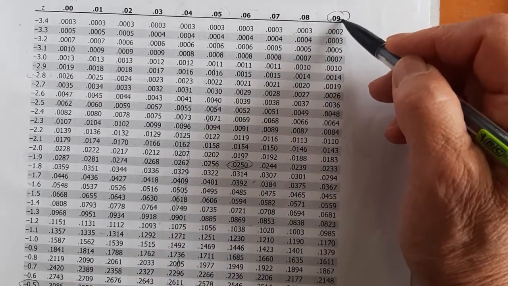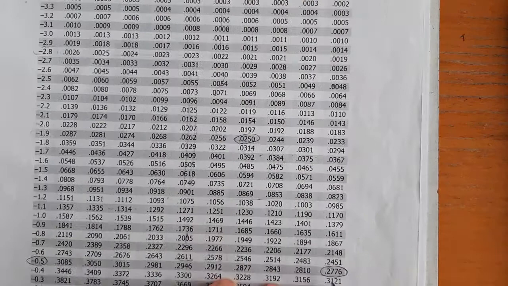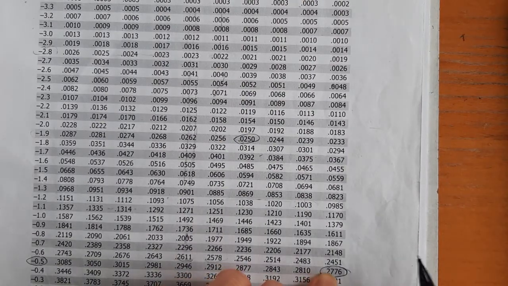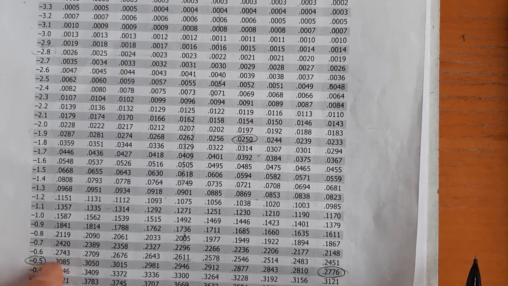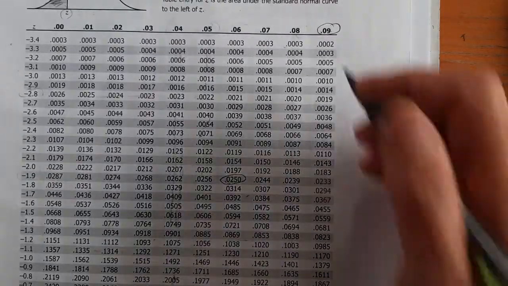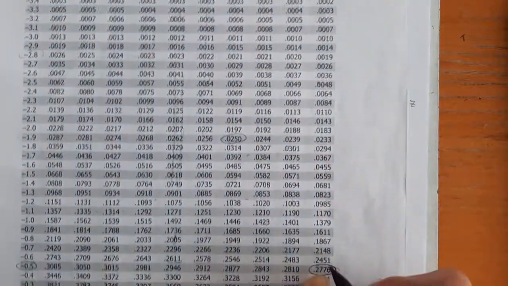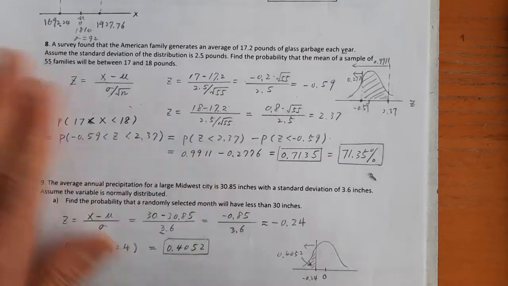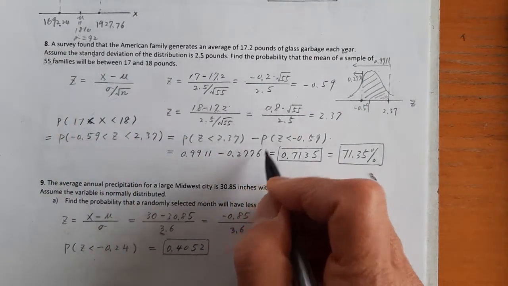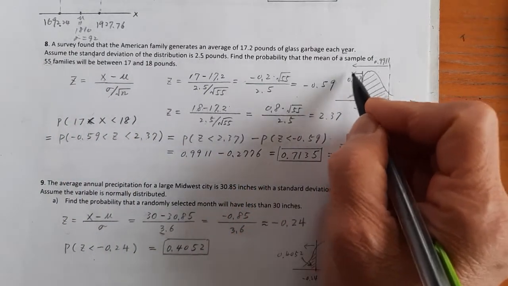So for negative 0.59, the intersection is 0.2776. 0.2776 is this area to the left.